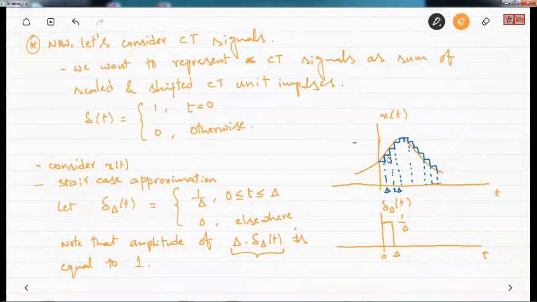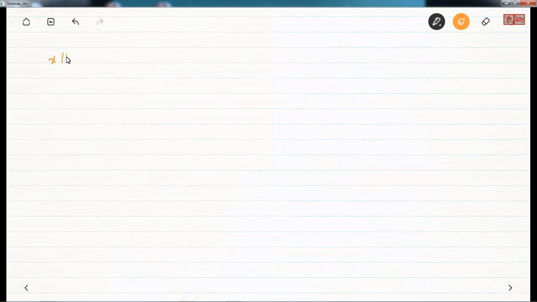Then again this pulse. What I'm trying to do is something like this: x of t as x of 0 multiplied by delta delta of t, plus delta delta of t minus delta, plus and so on.